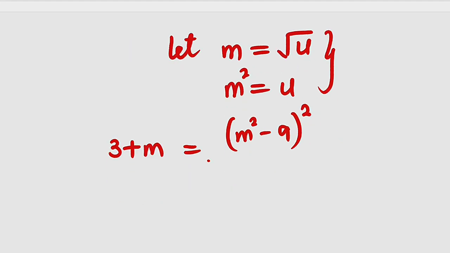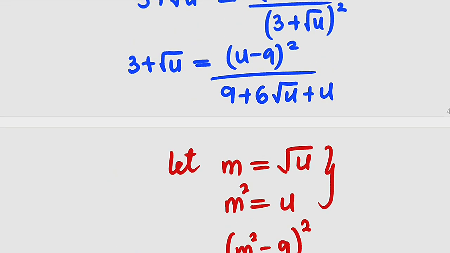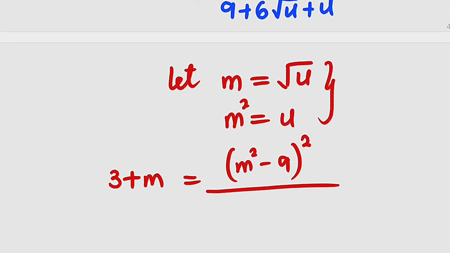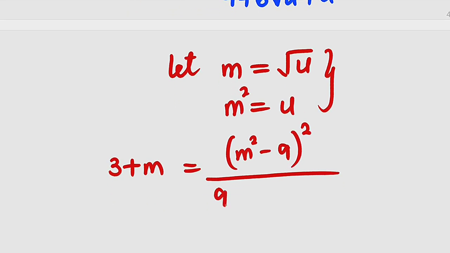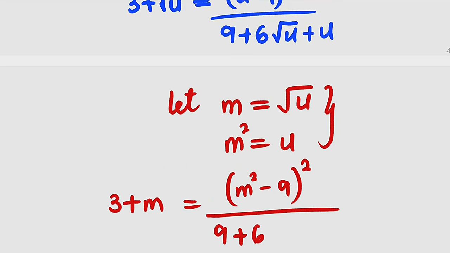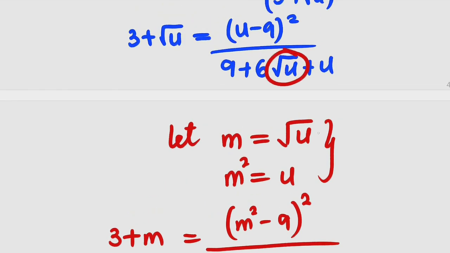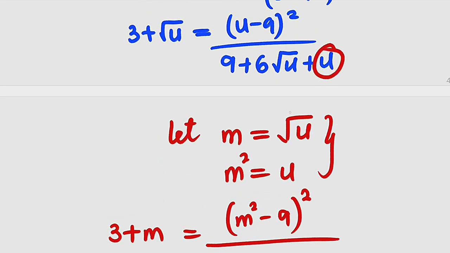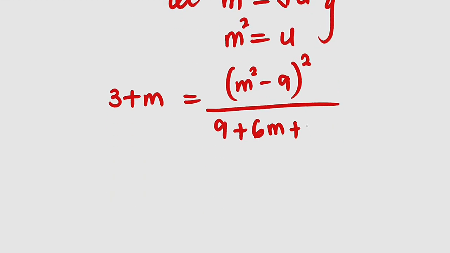To the bottom we have 9 plus 6m plus m squared. We have square root of u here, but we have let it to be equal to m, so we have 6m plus, we have u, which is now m squared. So we have m squared here.